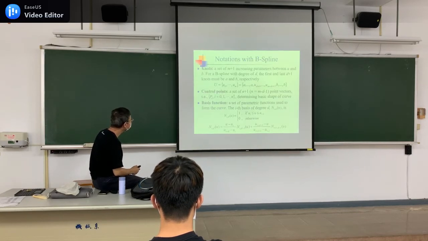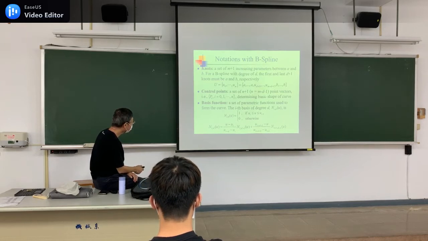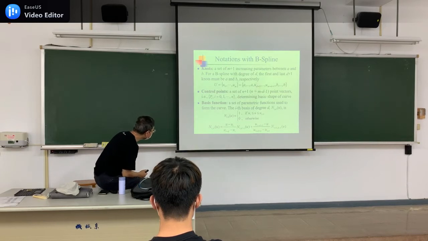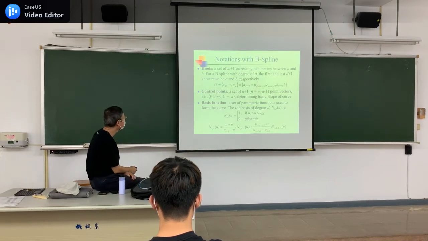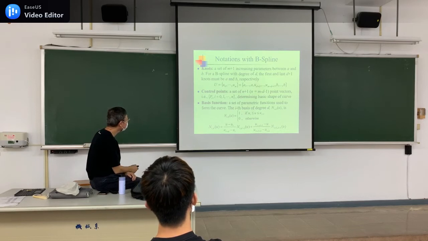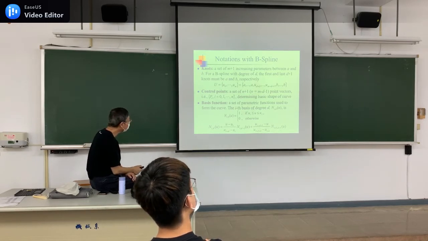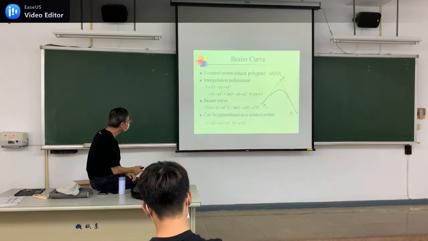Here are the details of how we generate the so-called basis function. How we generate the basis function. There are several ideas. For Bezier, the basis function is quite simple.